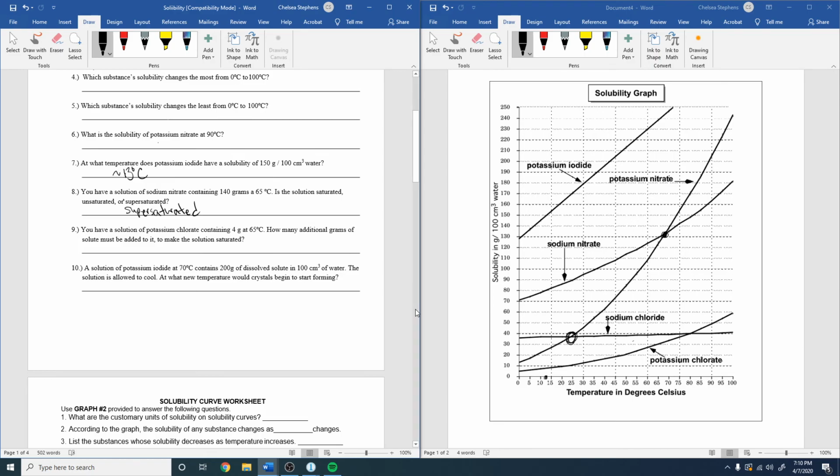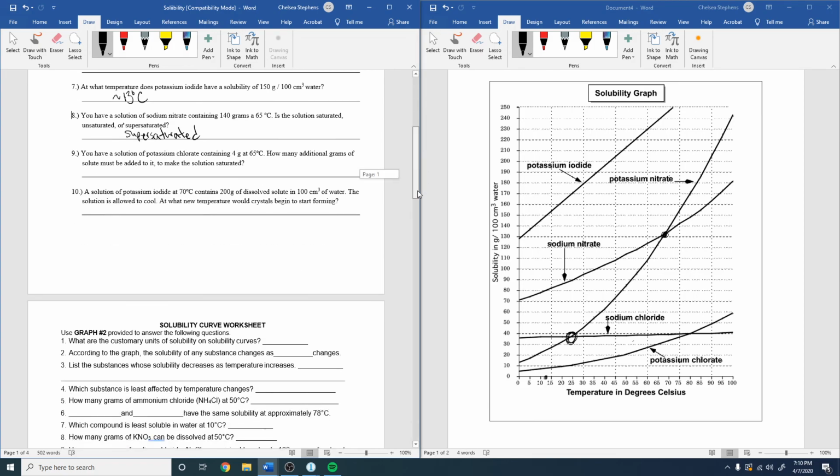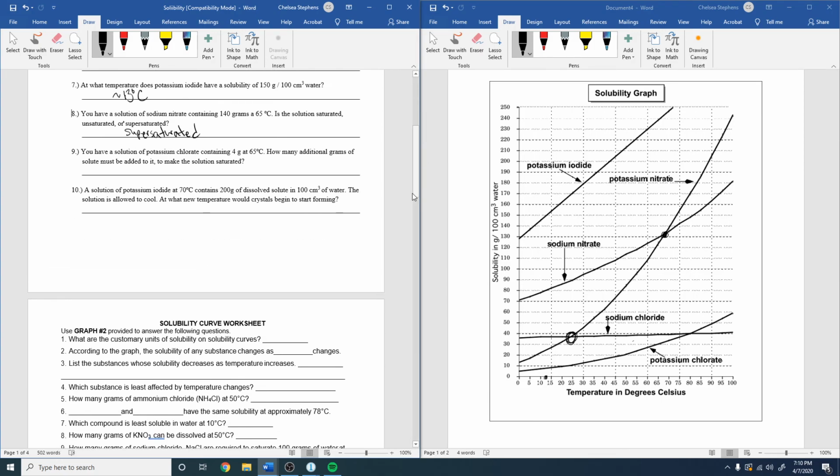Okay, a solution of potassium iodide at 70 degrees has 200 grams of dissolved solute. It's allowed to cool. At what temperature would crystals start forming? Okay, let's go look at this.